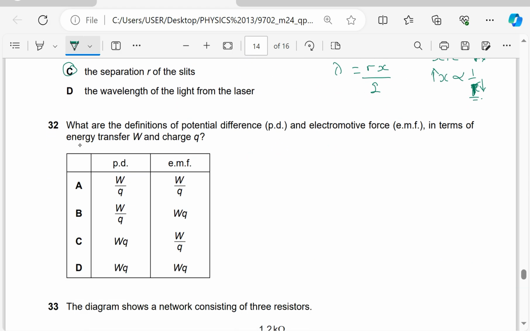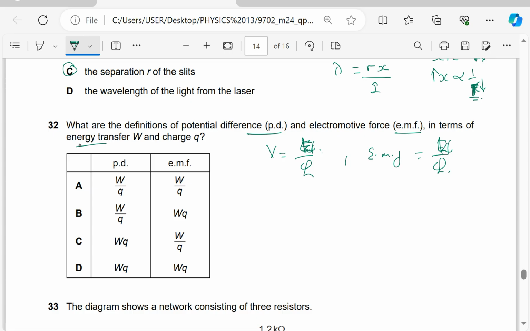What are the definitions of PD and EMF in terms of energy? Of course, we know that V is energy per unit charge. We also know that EMF is also energy per unit charge, or energy is work done. But remember, for PD, it is from electrical to other forms, and for EMF, it is from chemical energy to electrical.